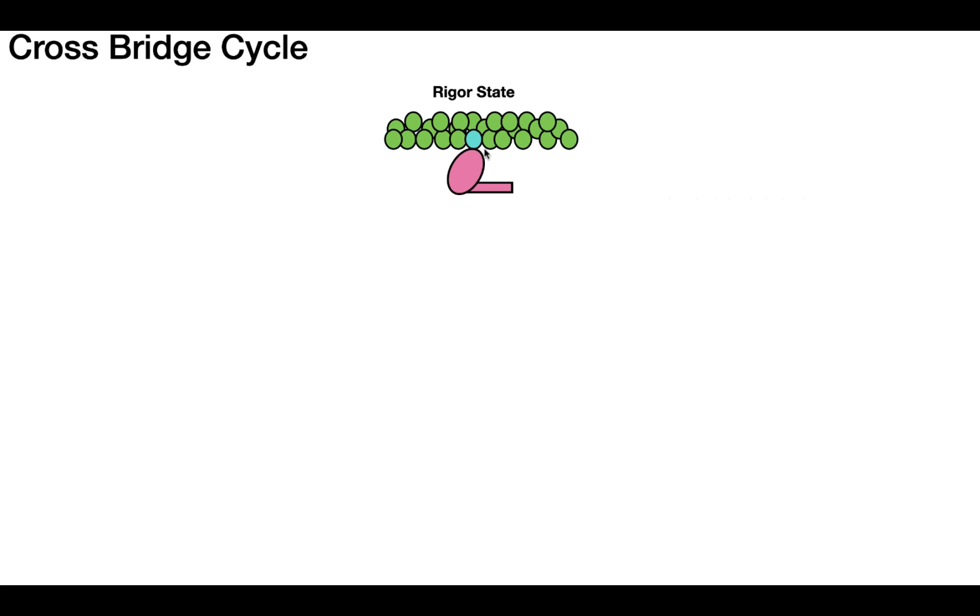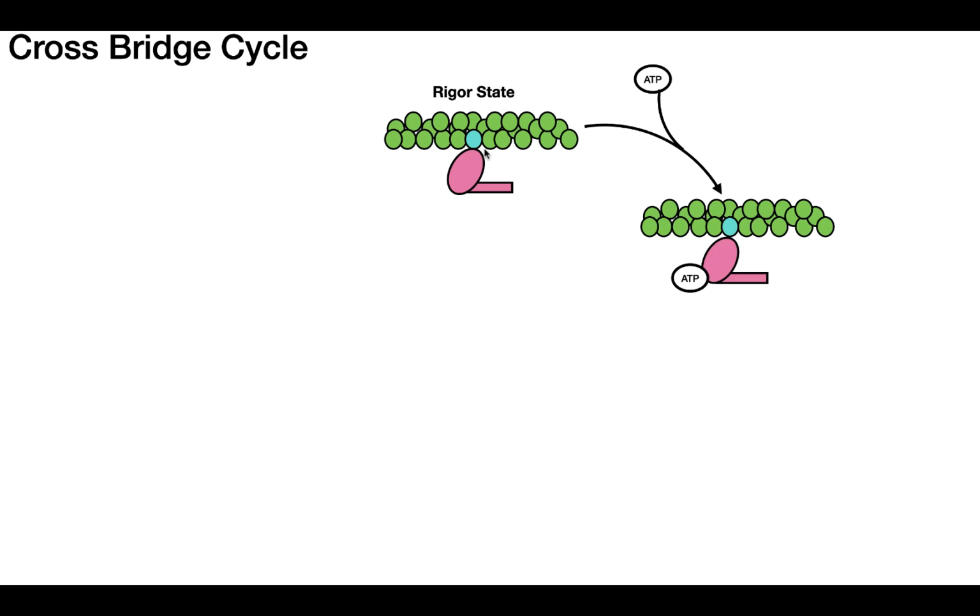In order to start contraction, you have to decrease the affinity of the myosin head for the actin molecule, so you have to bring in ATP. ATP is going to come in and bind to the myosin head and decrease its affinity for actin. So basically, it's loosening the cross bridge.